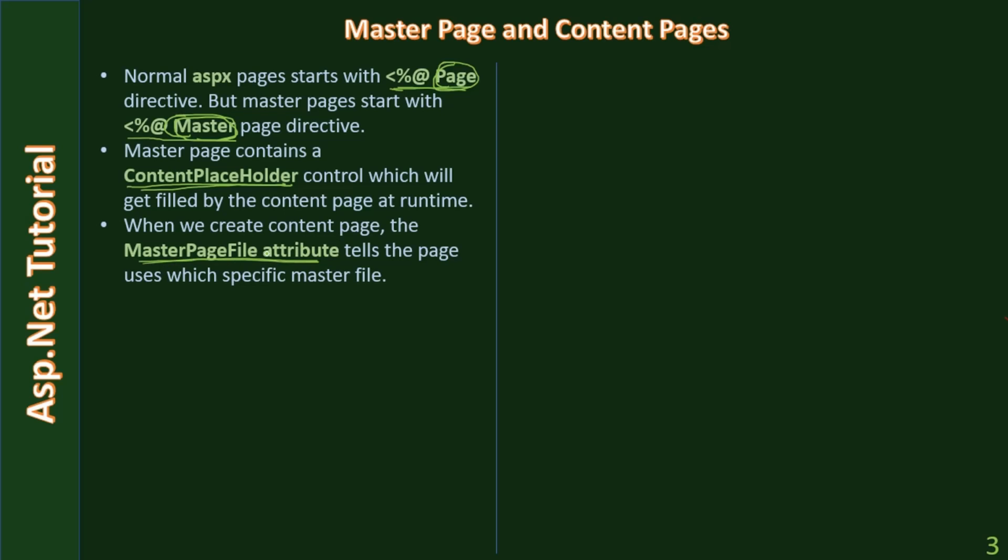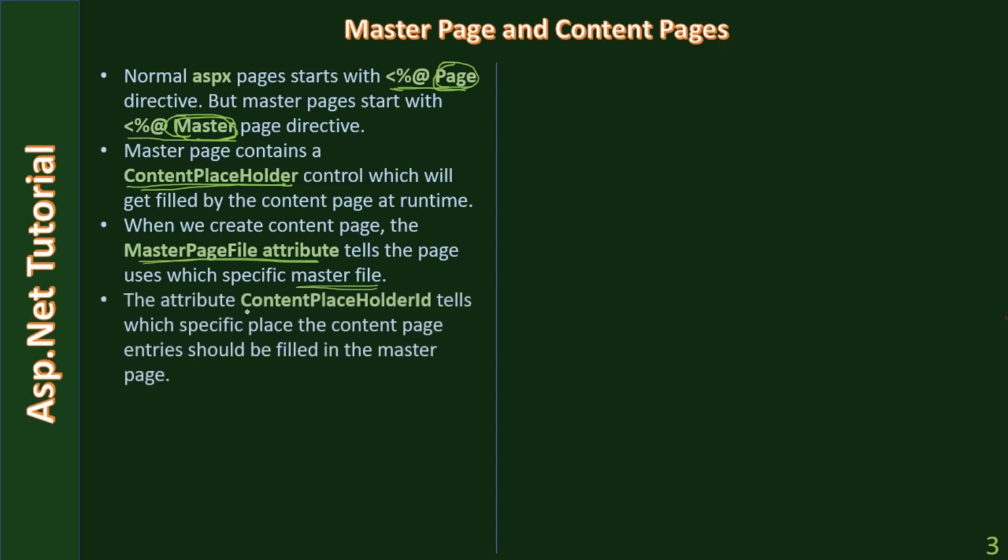This one you will use at the content page. So using this MasterPageFile attribute, the child page can tell which master file it wants to use. In our web application, you may have multiple master files also. So when you are creating the child file, using the MasterPageFile attribute you can tell which master file the content page wants to use.